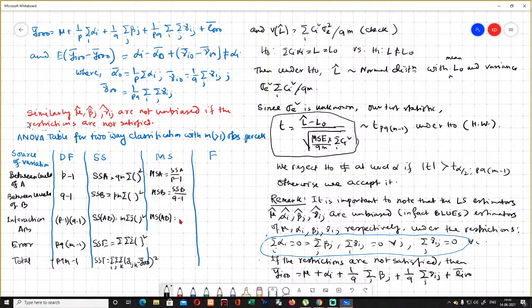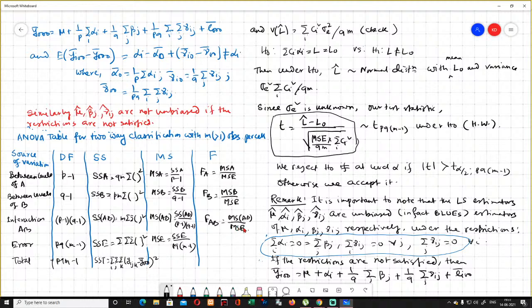MSAB is SSAB by p minus 1 times q minus 1. MSE is SSE by the corresponding degrees of freedom, pq times m minus 1. And the F ratios: FA is MSA by MSE, FB is MSB by MSE, FAB is MSAB by MSE.